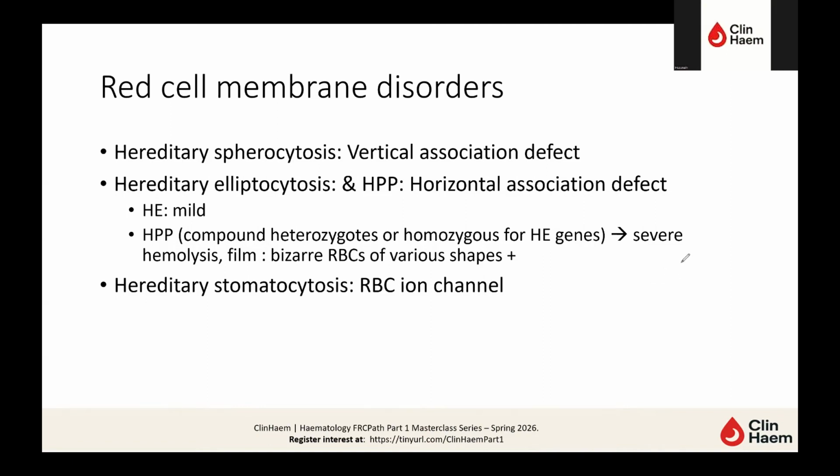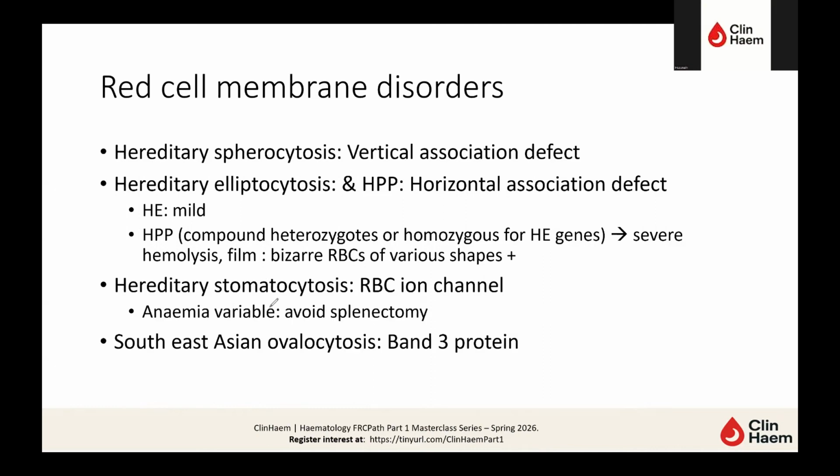If you see the cells, they will have a stoma. But anemia is variable. The important point is in stomatocytosis, you do not take the spleen out in hereditary stomatocytosis, because the problem is not the spleen removing them. The problem is just the red blood cell not functioning properly because of the ion channel problem.